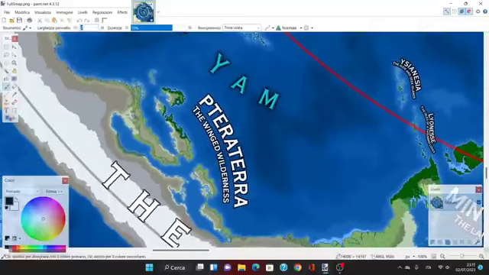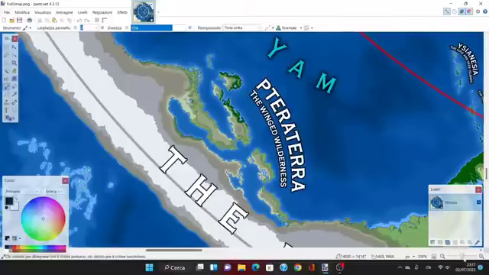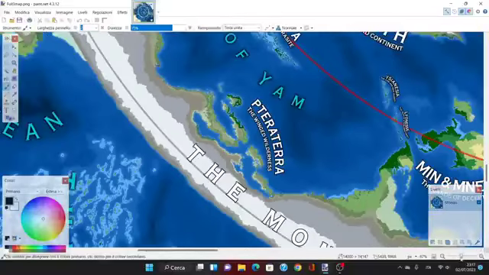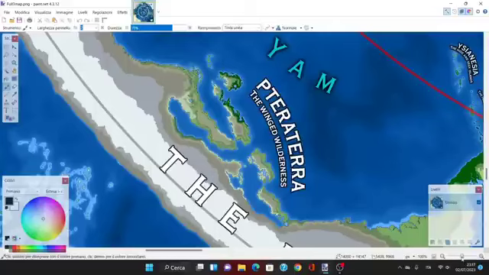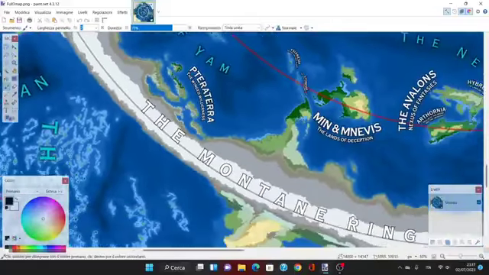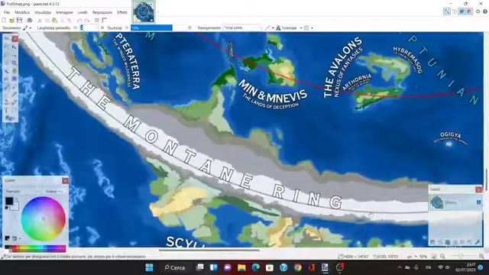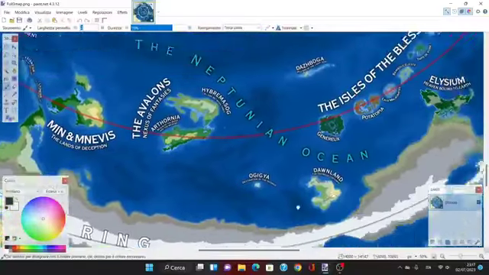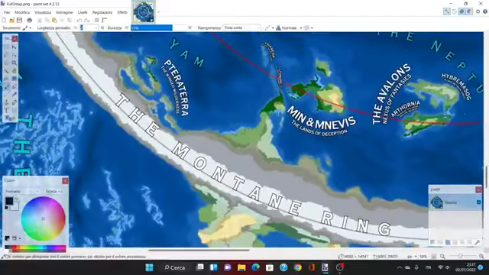And Ptera Terra was in fact originally, in the map we focused on last time, basically kind of an island chain or something like that, but as we can see here, it is part of the second ice walls, which by the way are called the Montane Ring, or Montane Ring. I'm not really sure how to pronounce this, honestly.